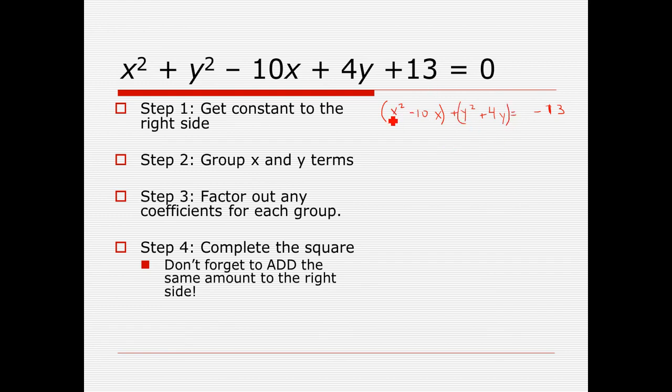Since the coefficient of x squared and y squared is just 1, I'm done with this step, and I'm done with this step. So now I'm going to complete the square. And to complete the square, I'm going to add something to each parenthesis group.